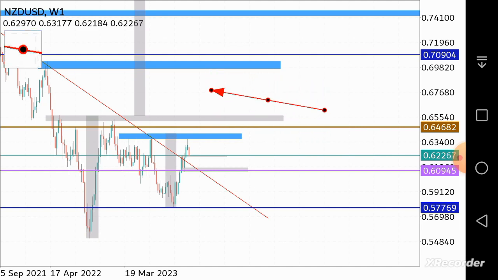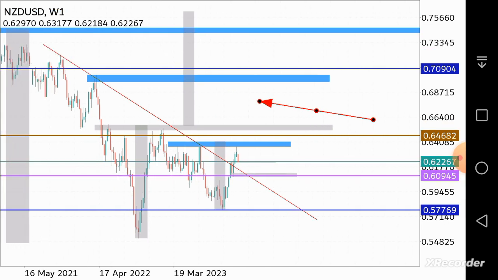Okay, so guys, if you're wondering what these horizontal lines on my chart are, they are mostly my TP levels, in my psychological levels of this particular chart.